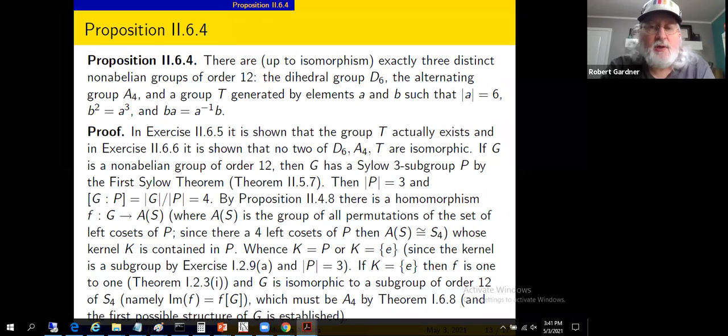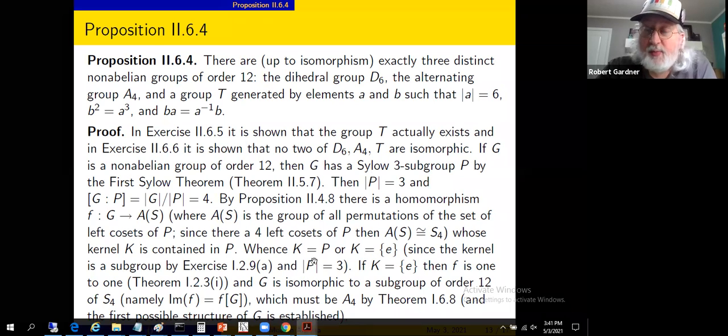Not in arguments, but in cases at least. So in the event that the kernel of that homomorphism is the identity, G must be isomorphic to A4. The first possible structure of G is established. In this case, we must be dealing with the alternating group A4. But we had two choices here. We had either K equals P or K equals the identity.